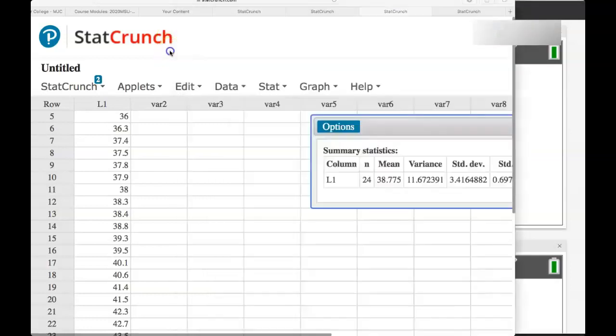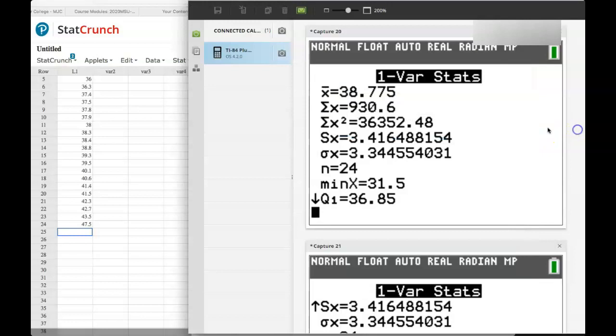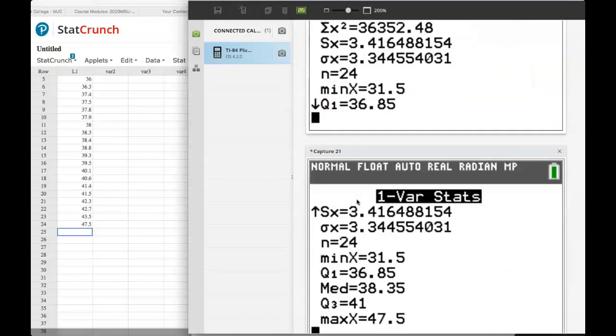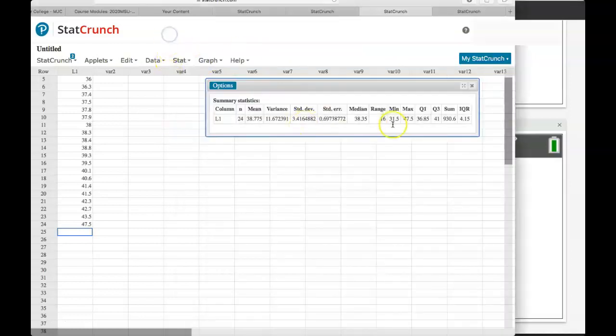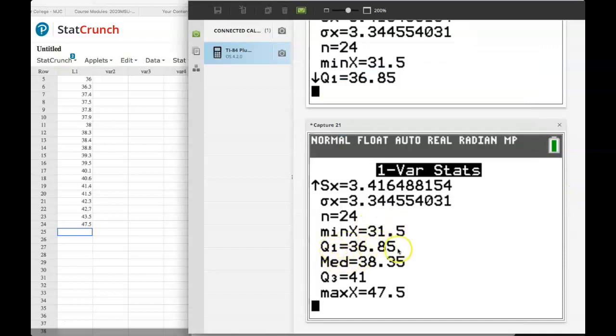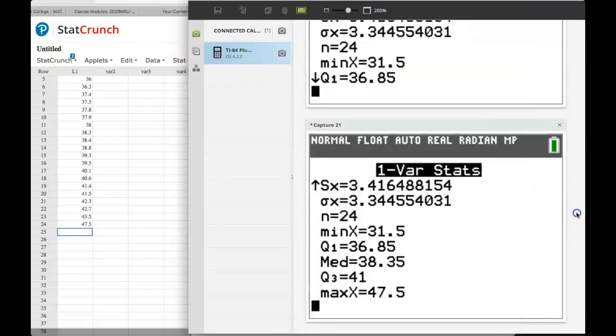So exactly same thing. And what we have for median is 38.35. Median is this one, 38.35. So we have exactly the same thing. Q1 is 36.85. And Q3 is 41. Okay, same thing, and 41 for this part. So all these are saying inner quartile range 4.15.